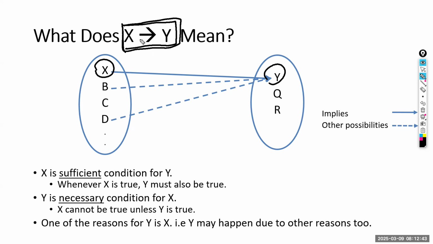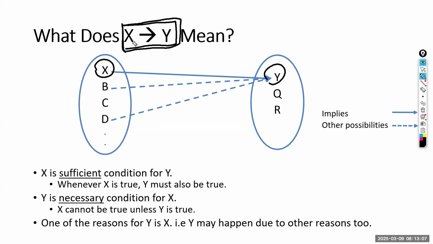But it doesn't mean that this is the only reason for Y to happen. When X happens, Y happens. Of course, Y can happen for some other reasons also. But we don't care about it, because I can only defend what I said.